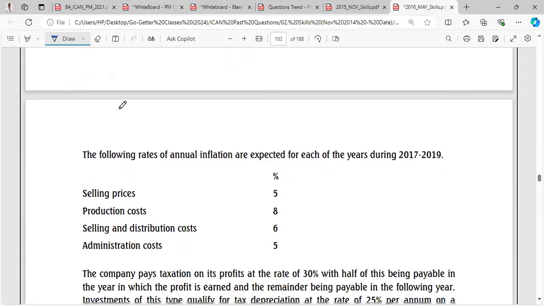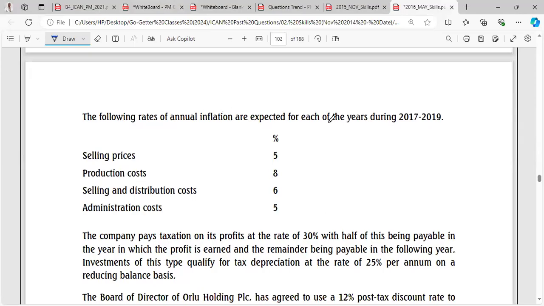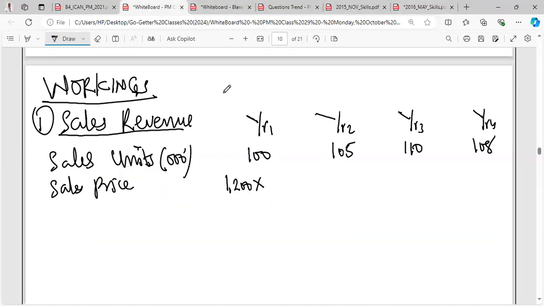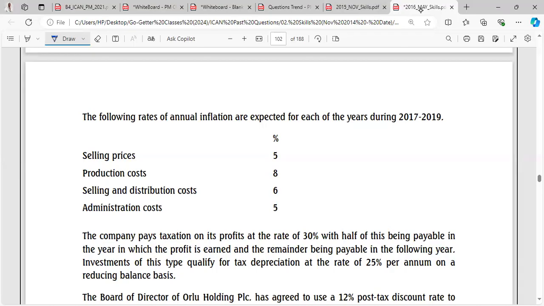We said the following rates of annual inflation are expected for each of the years during 2017 to 2019. So 2016, 2017, 2018, and 2019. So the rate of inflation is 5% on selling price.